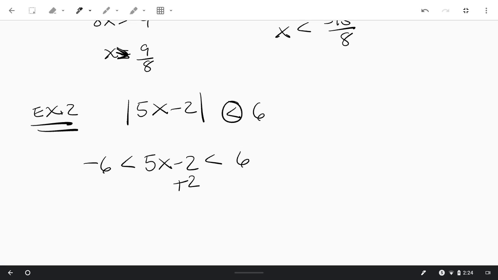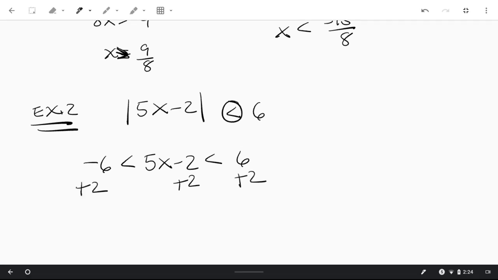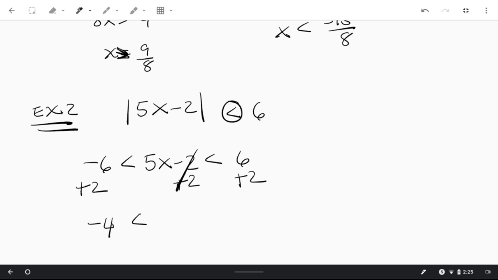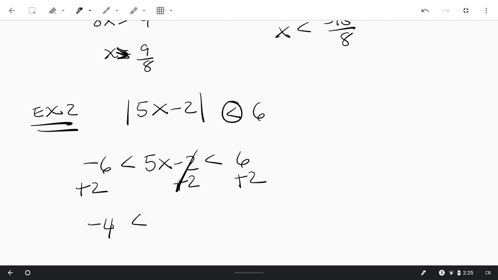All right, so waiting for the 2's to show up. So here on the far left side, we get negative 4. And in the middle, we get 5x. And the far right side, we get 8. Okay. And now we have to still solve for x.